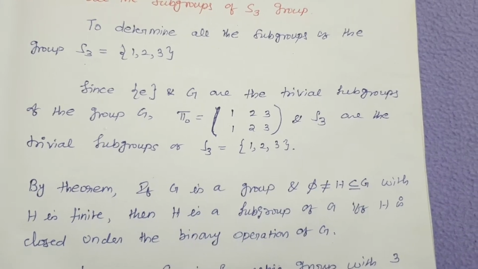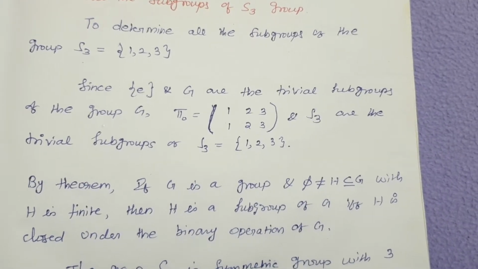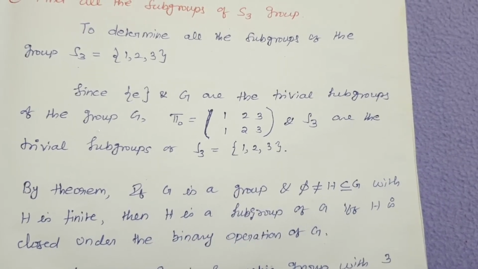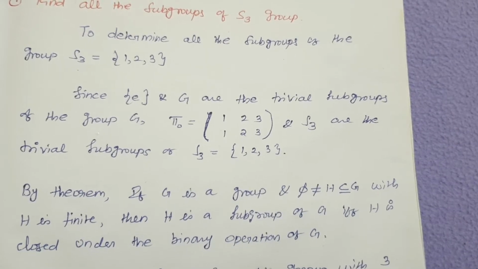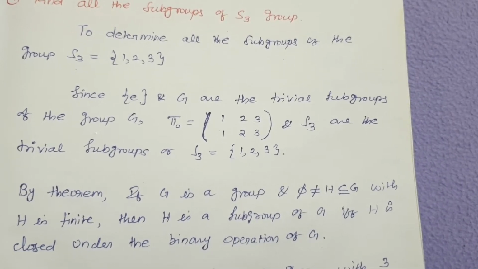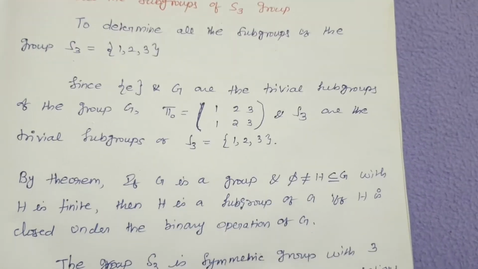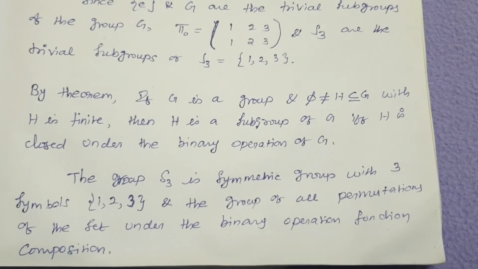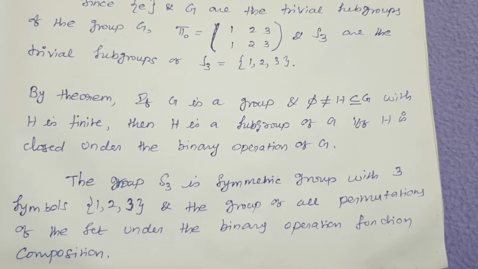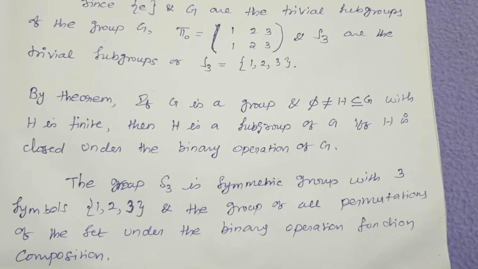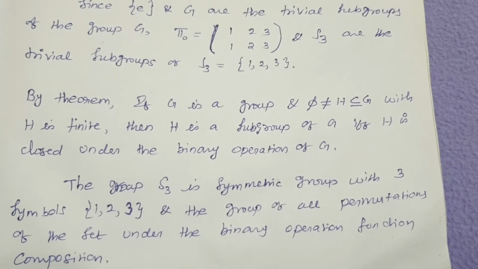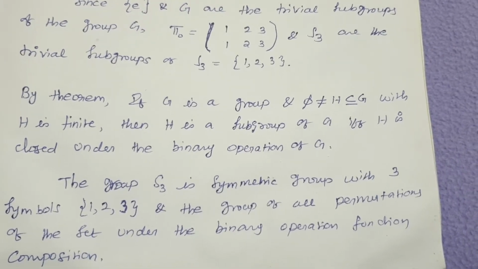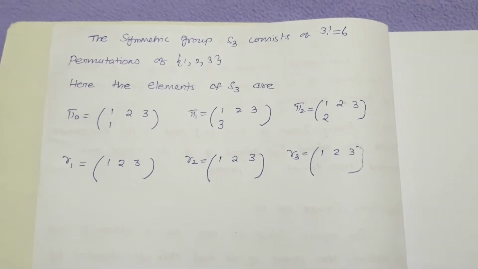By using this theorem statement: if G is a group and H is a non-empty subset of G with finite elements, then H is a subgroup of G if and only if H is closed under the binary operation of G. So the group S3 is the symmetric group with 3 symbols, the group of all permutations of the set 1, 2, 3 under the binary operation of function composition.